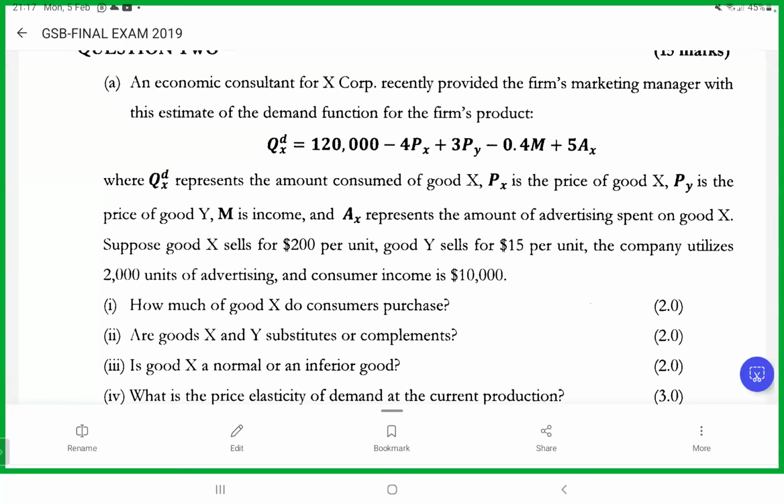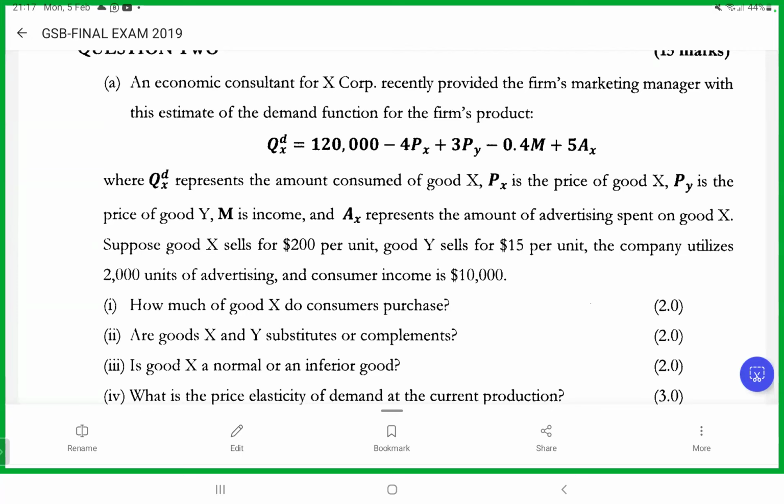They have said that Q superscript D and subscript X represents the amount consumed of good X, where P subscript X is the price of good X and P subscript Y is the price of good Y. M being the income and A subscript X represents the amount of advertising that is spent on good X. So everything has just been defined already for us.